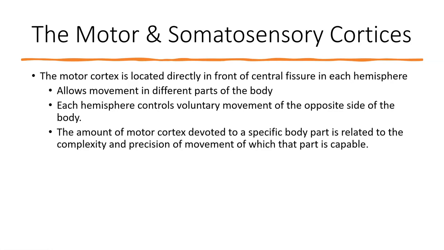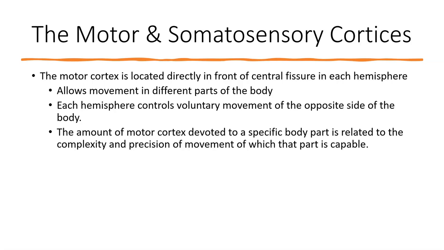Taking a little closer look at the motor and somatosensory cortices, the motor cortex, which is directly in front of that central fissure in each hemisphere, allows for purposeful movement in the various parts of the body.